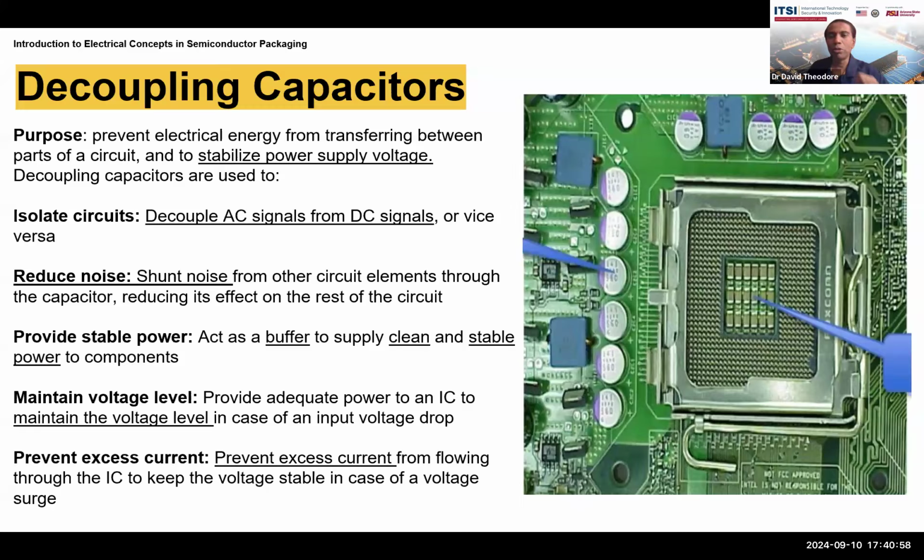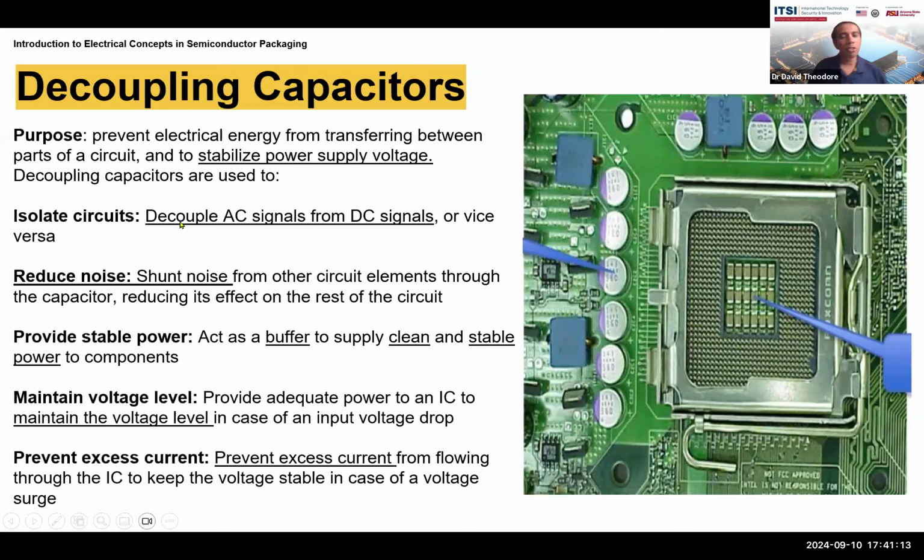That will determine the placement of the capacitor and the value of the capacitor. I know that's just a brief overview, but we'll see more of these elements as we proceed. Good question. Thank you. You're welcome.